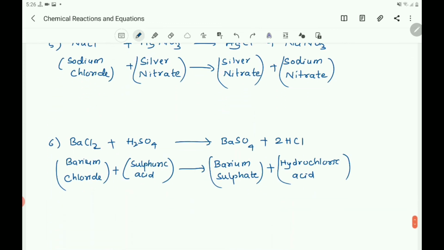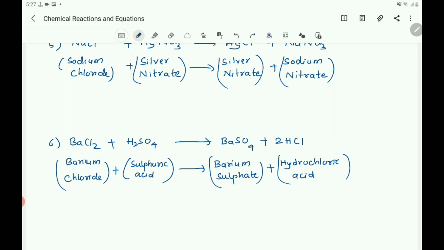Next, sixth example: barium chloride reacts with sulfuric acid to give barium sulfate and hydrochloric acid. Here two reactants exchange their ions, barium with hydrogen ions and chlorine with SO4 ions.